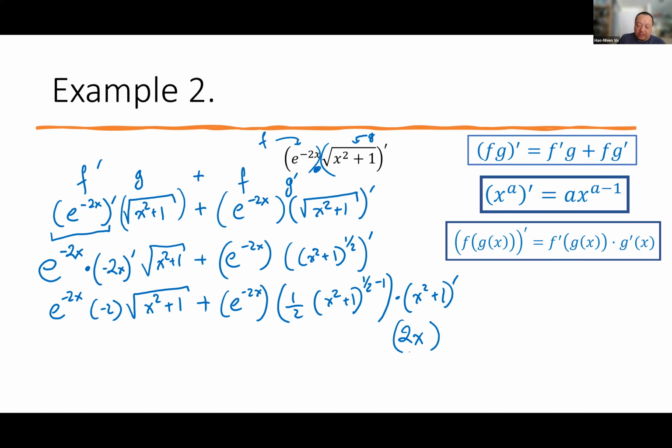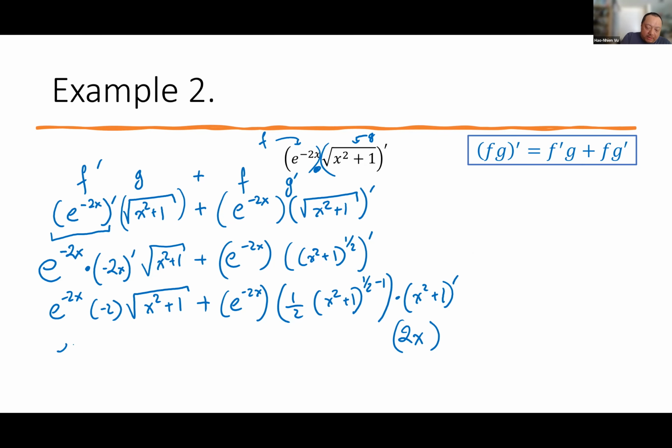All right, now let's simplify everything. E to negative 2x times negative 2 in front, square root of x squared plus 1, plus e to negative 2x times 1/2 times (x squared plus 1) to the negative 1/2. That means 1 over square root of x squared plus 1 times 2x.